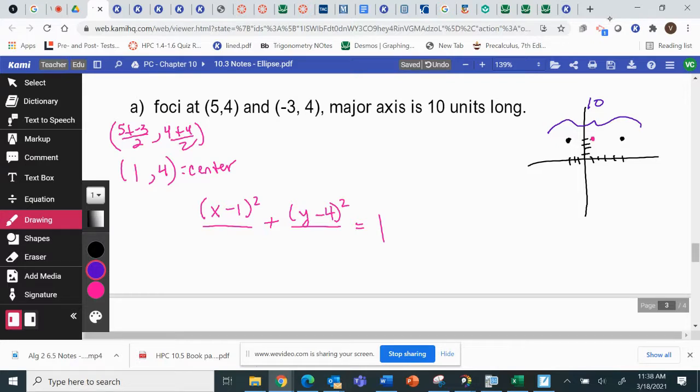So from the center, if I'm going 5, 1, 2, 3, 4, 5, or the other way, I just found 3 pieces of information. My a value is 5, a squared is 25, and I also figured out where the a squared goes in the equation. It goes on the x because I'm going horizontally.